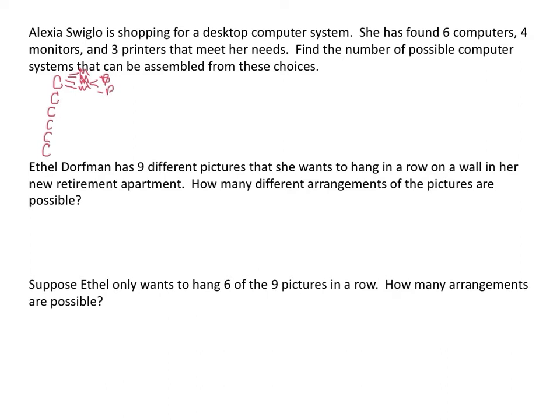That's going to take up a lot of space. Instead, what we can do is use the fundamental principle of counting. We've got 6 of the first, 4 of the second, and 3 of the third. So now what we see, and I think of it like this, is 12 times 6. There are 72 different systems that can be assembled from these choices.